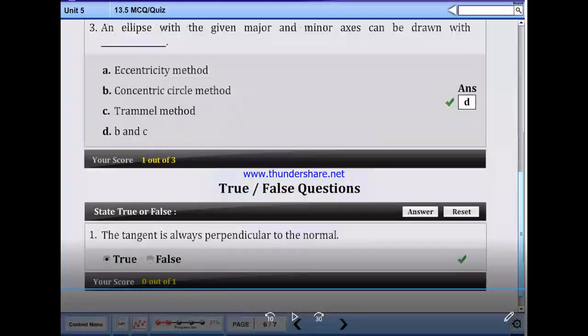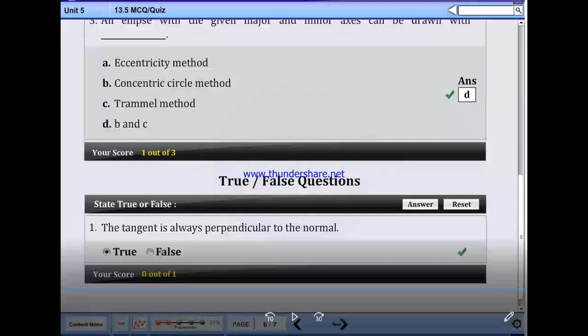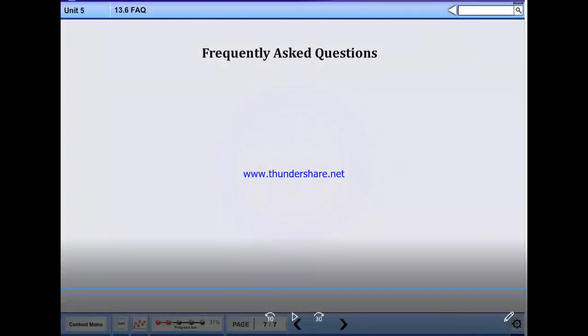And we may ask true and false questions: the tangent is always perpendicular to the normal. Yes, it is true. And like this, we frame true and false questions.